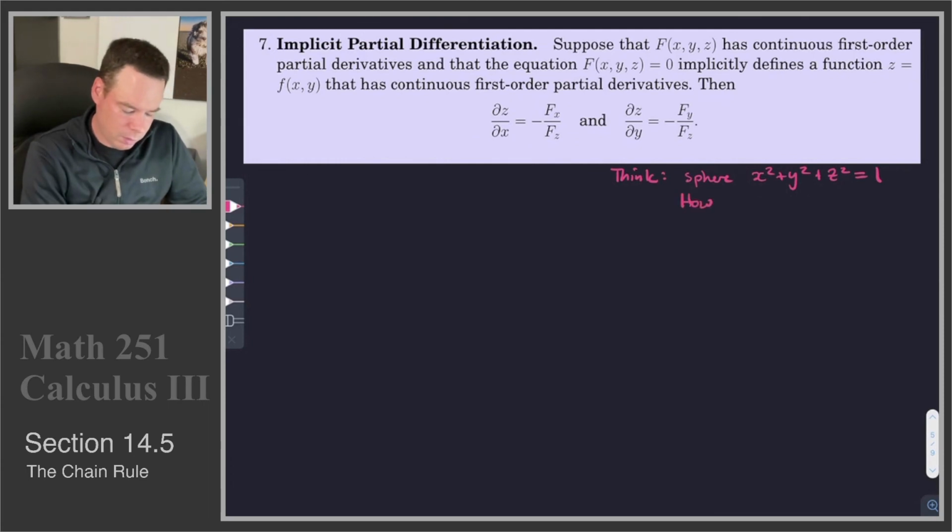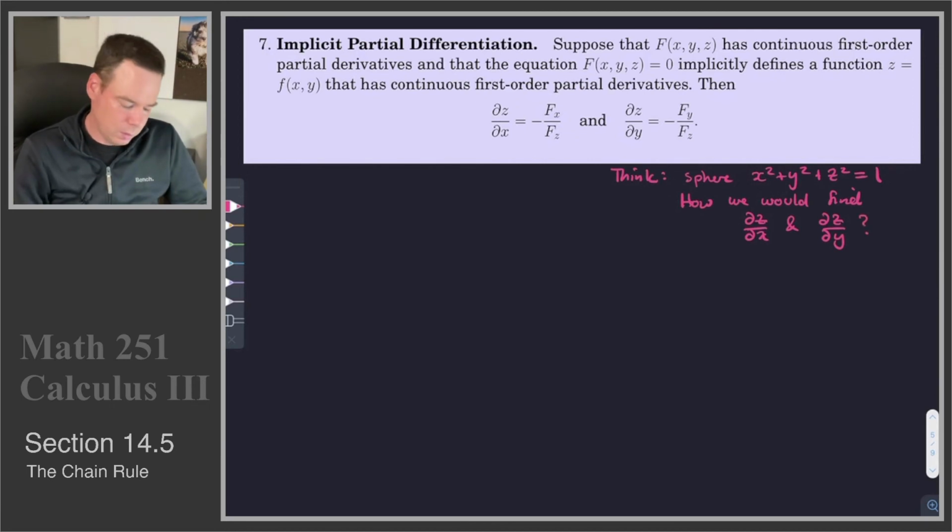And think about how we would find the partial derivatives, dz dx and dz dy. So think about how we would find those. We'll do that in this box up here, which says implicit partial differentiation, but we'll go through the details. But it's good to have a concrete example in mind, and so you can think about the sphere in this case.